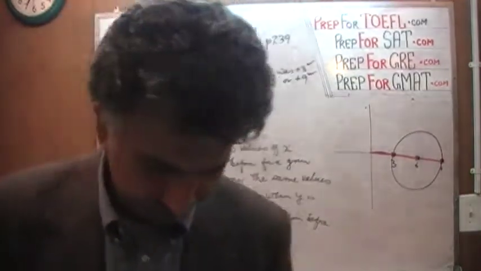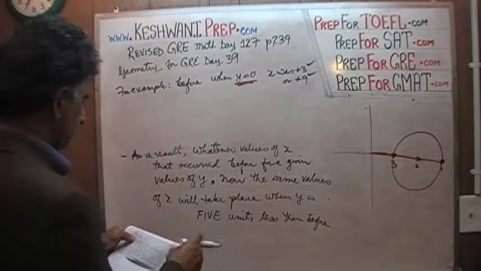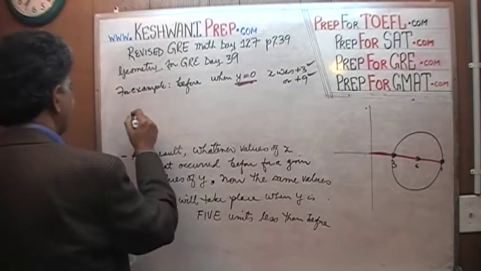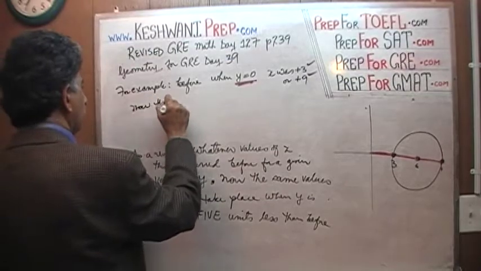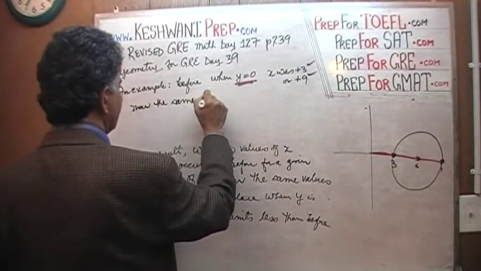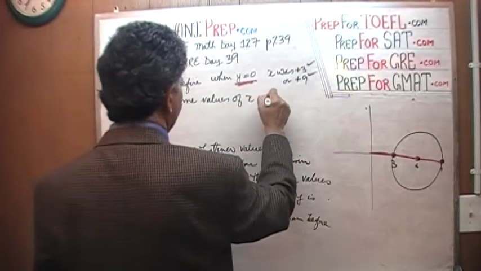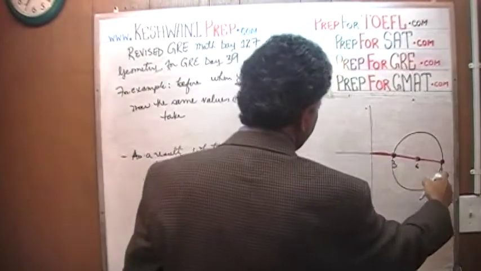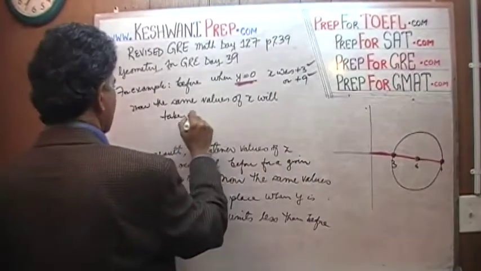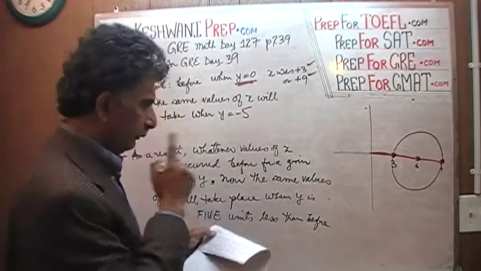Now let's see what happens. Now the same values of x will take place, same values of x, 3 and 9, when y equals negative 5. We'll see it here.